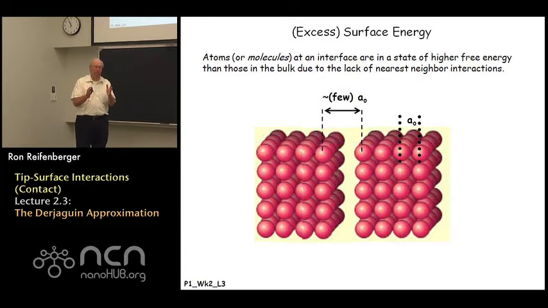So here what we show is that the solid has now been split into two. The separation between the two surfaces of the solid is a few times this interatomic spacing parameter A0.